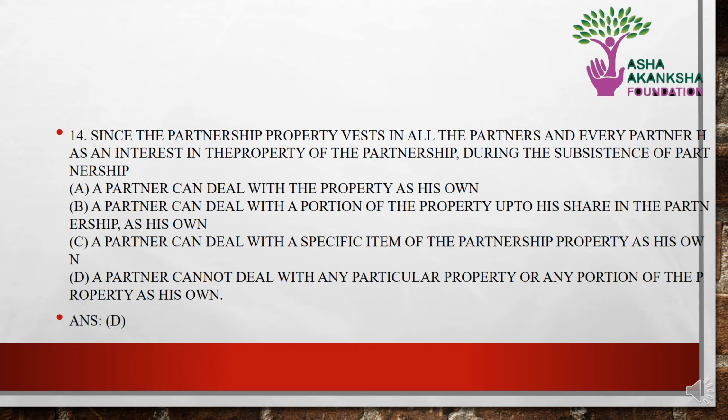C, a partner can deal with a specific item of the partnership property as his own. Or D, a partner cannot deal with any particular property or any portion of the property as his own. The correct answer to this question is option D, that is, during the subsistence of the partnership, the partner cannot deal with any of the particular property or any portion of the partnership property as his own.